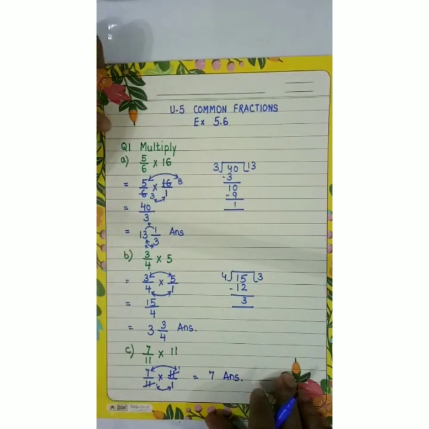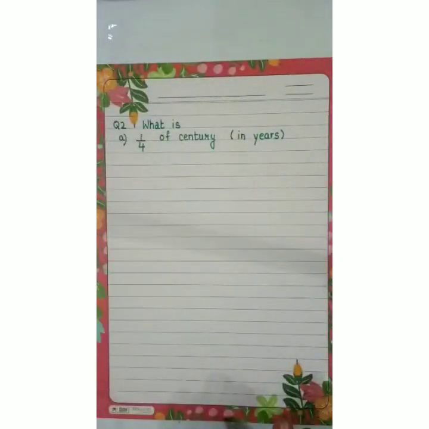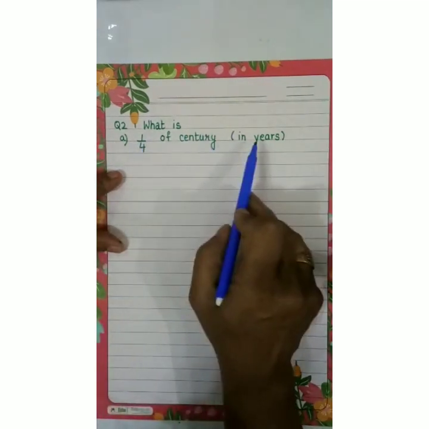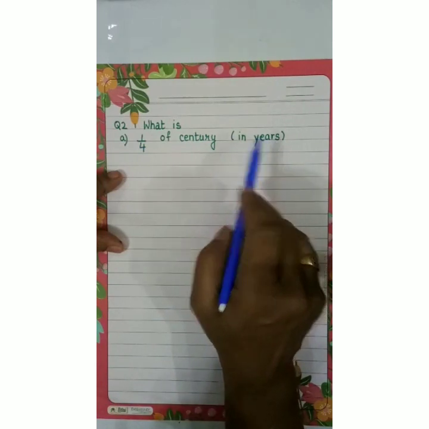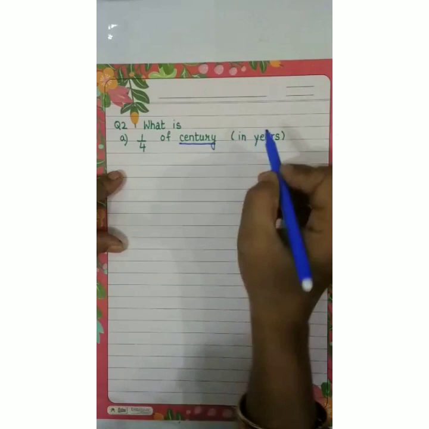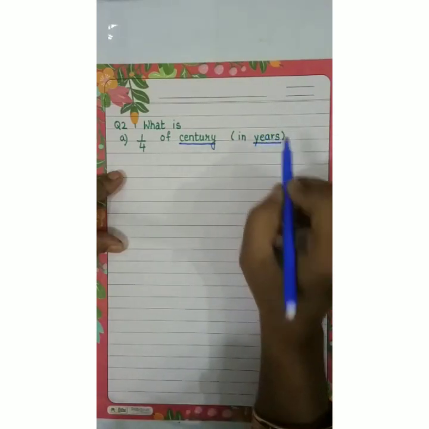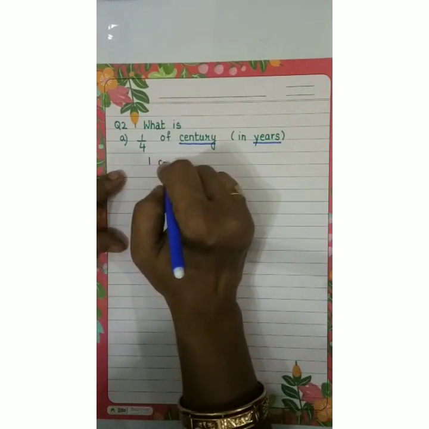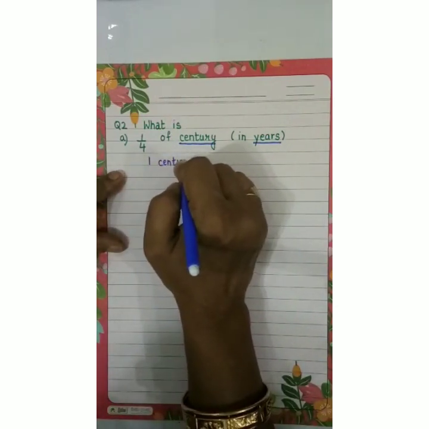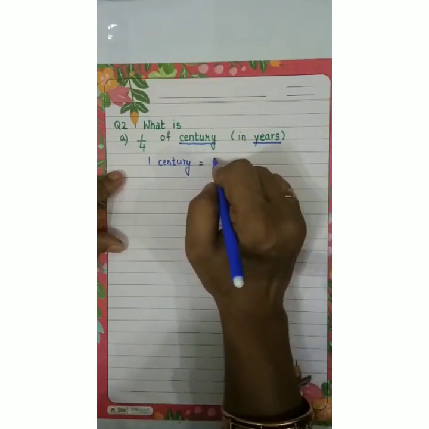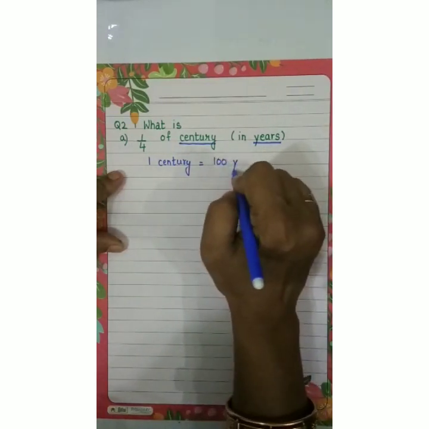Now the next question of this exercise is you have to find out 1 by 4 of a century in years. The first thing to be kept always in mind is that the two words which are written here, you have to find out the relation between the two words. 1 century is equal to how many years? 100 years.